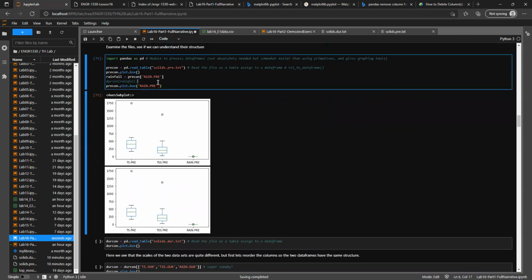Point I'm trying to get across is that the amount of rainfall is not 0, even though it looks like a flat line. It is something we can compare with.